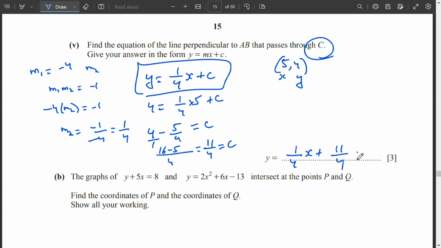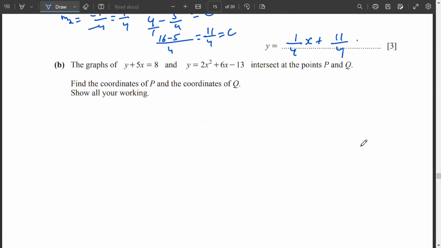Okay. The graph of y plus 5x equals 8 and y equals 2x square plus 6x minus 13 intersects at points P and Q. Find the coordinates of P and the coordinates of Q. Show all your working.